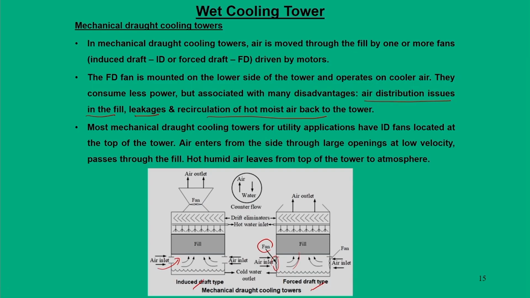But the other option to remove these ambiguities is to place the fan at the exit level. So, at the outlet level you use a fan, and that is nothing but an induced draft type. Basically, you suck the air and create a pressure difference felt in the entire tower, so that by virtue of the pressure the air gets sucked in from the bottom, and the hot air goes out at the outlet.